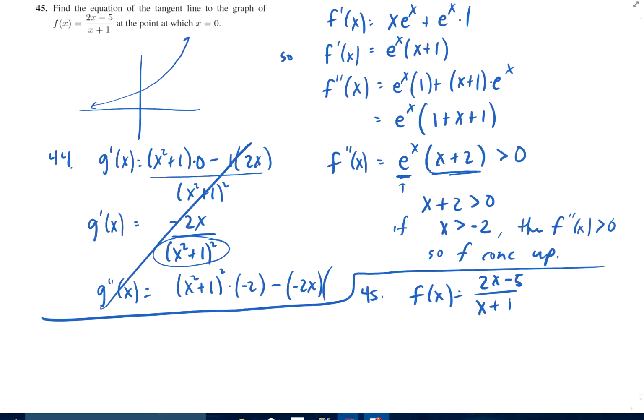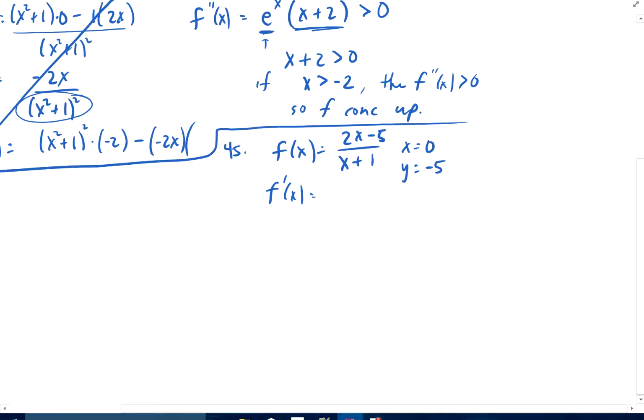Okay, equation of tangent line. We've got to find the slope and the point at which it's tangent. So when x is 0, I know y is going to be negative 5. So that's my point. And the derivative would be the bottom times the derivative of the top minus the top times the derivative of the bottom, all over the bottom squared.